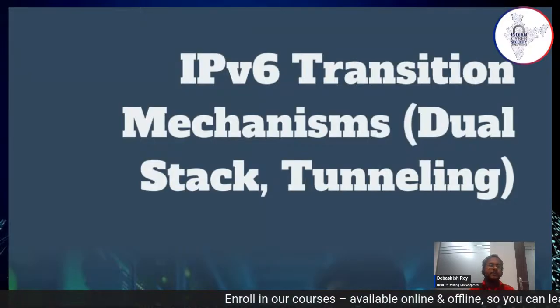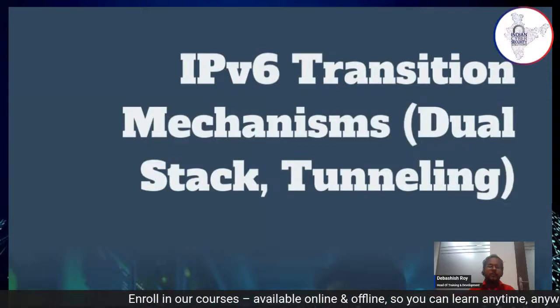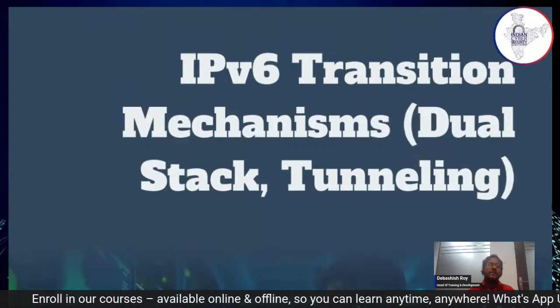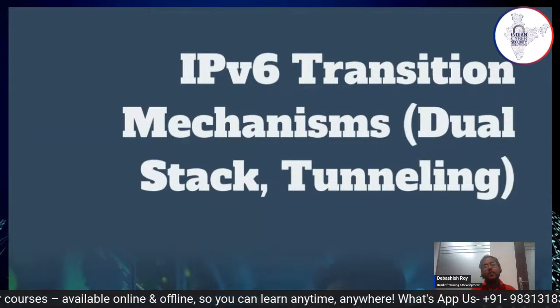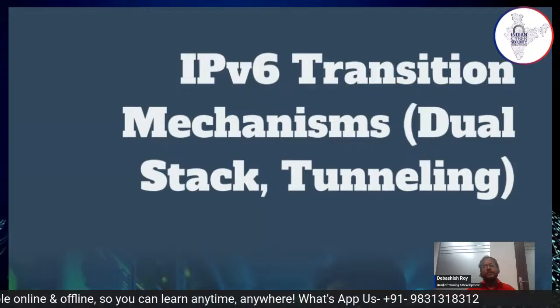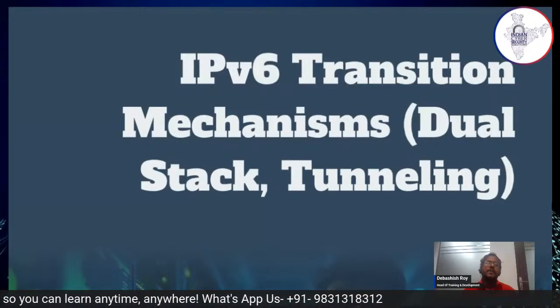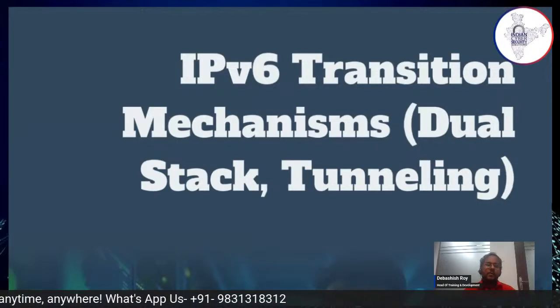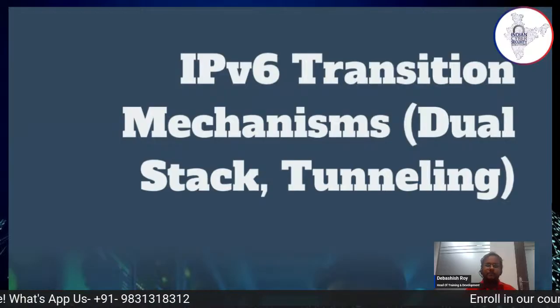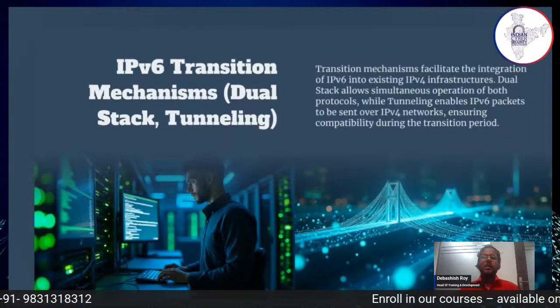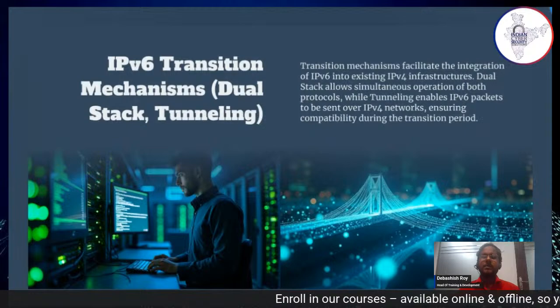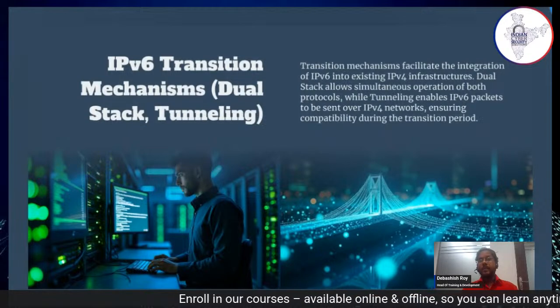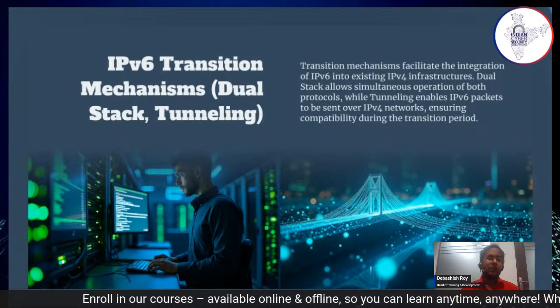Tunneling is another way. Tunneling means that you have IPv6 in one place and IPv4 in another place. So it is like NAT. You want to convert between IPv6 and IPv4 and again from v4 to v6. Transition mechanisms facilitate the integration of IPv6 into existing IPv4 infrastructure, as I've already told you.